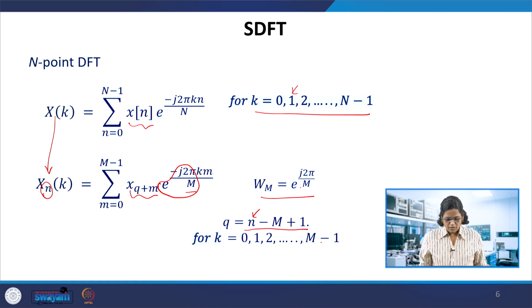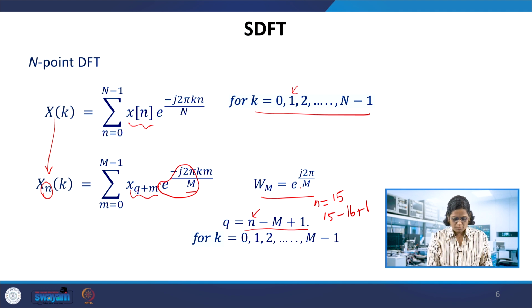In our case, if you are computing at the n equals 15th instant, and M is what we have taken as 16 samples, then q becomes 15 minus 16 plus 1, which results in 0. So X of 0 plus m, summation with m varying from 0 to M minus 1, e power minus j 2 pi k, suppose considering maybe 1 also, k m by 16.